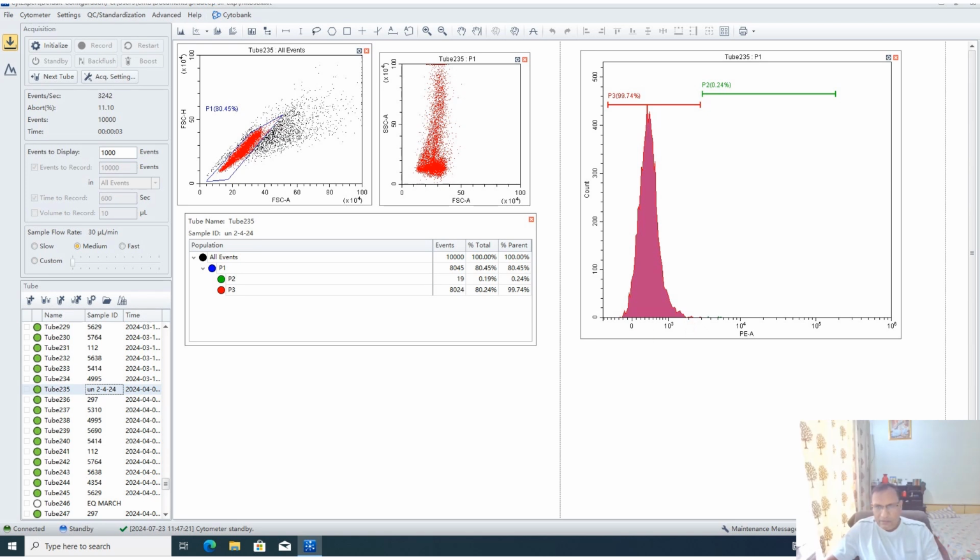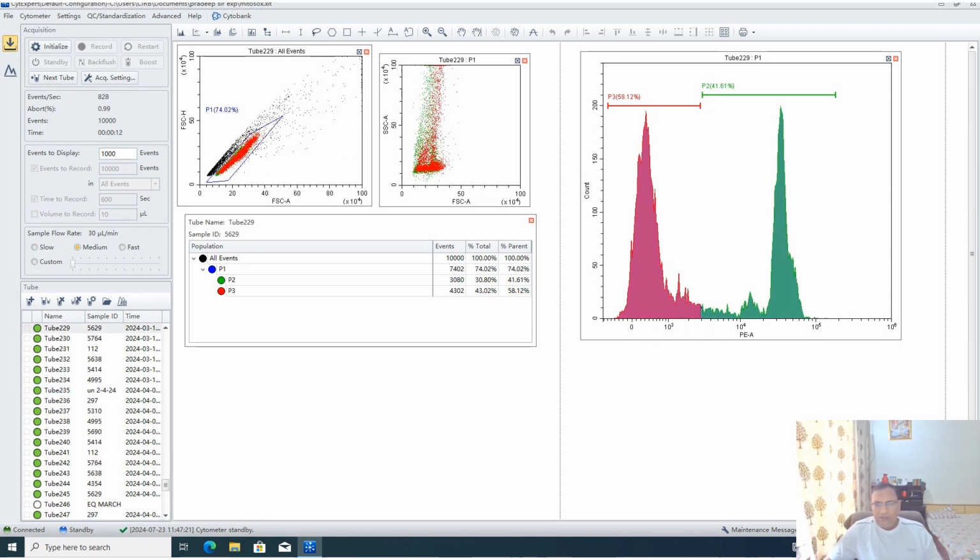Then we run the sample incubated with MitoSOX, and we select the P1 population similarly to the previous slide. In the control, this intensity of light was due to autofluorescence, and this higher intensity of fluorescent light is due to MitoSOX. So these cell populations are MitoSOX positive and this is negative.